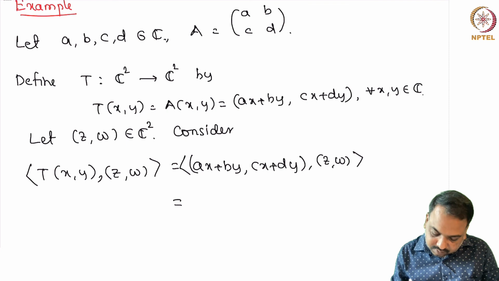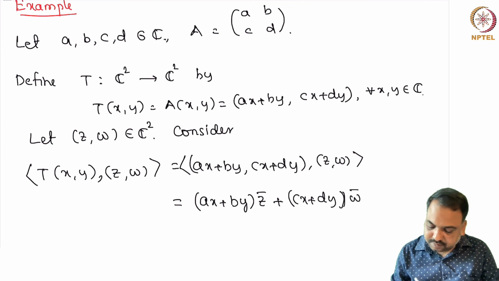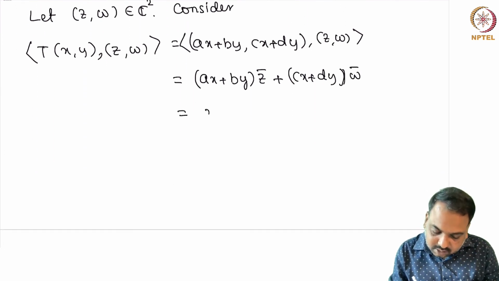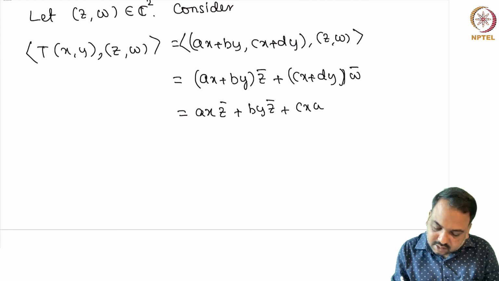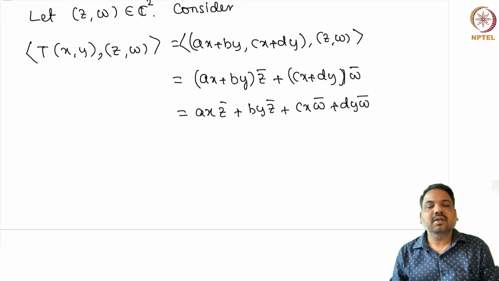So here this inner product is (ax plus by) z bar plus (cx plus dy) w bar. This is nothing but ax z bar plus by z bar plus cx w bar plus dy w bar. Now we want to write this as the inner product of (x, y) with something.